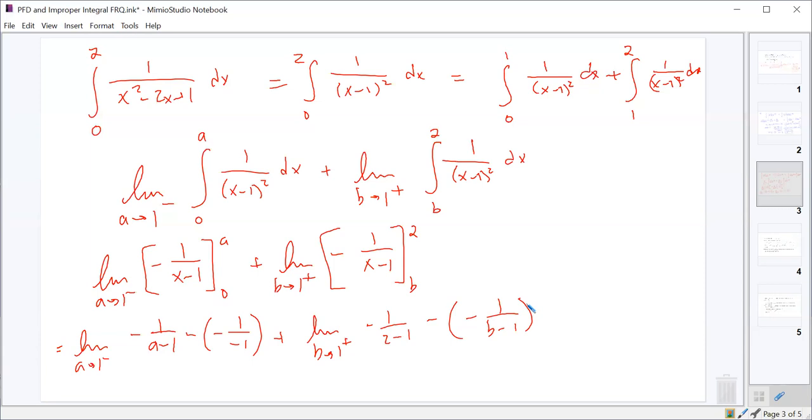And if we plug in as we approach 1 from the left, this part right here, negative 1 over a minus 1, if we're plugging in something very close to 1, the denominator is going to become 0, which is going to make this integral infinite. We've got an infinity right here, and so immediately we can just say that this whole thing diverges. Good or no?